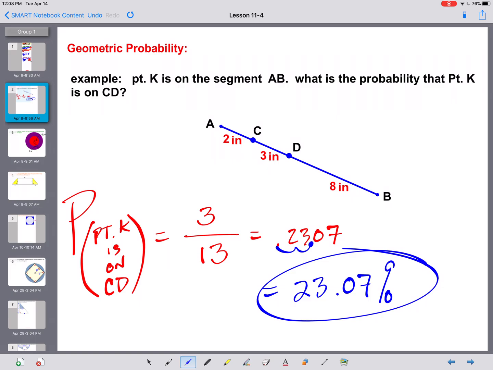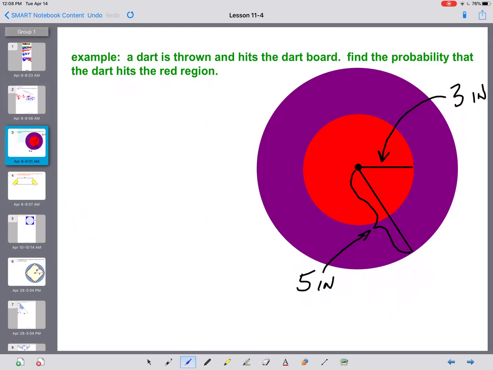Okay, now let's get to problems similar to homework. Let's do areas. That's what you're going to have in homework. I've got a couple of circles here. A dart is thrown and hits the dartboard. Find the probability that the dart hits the red region.